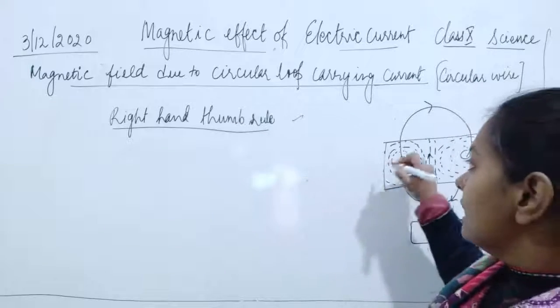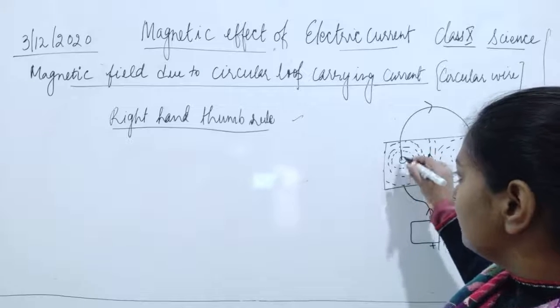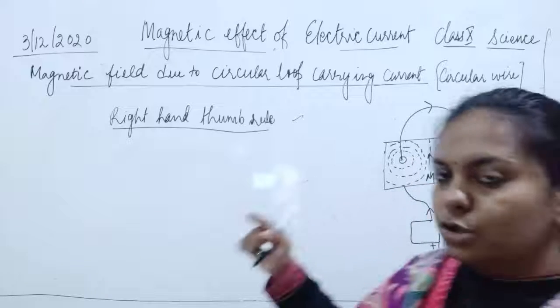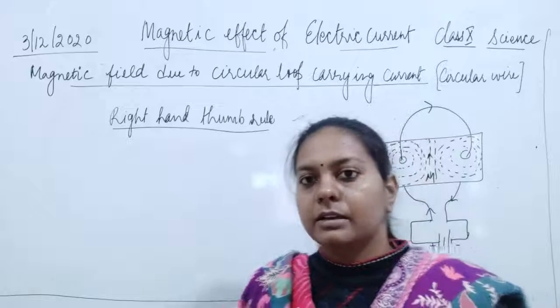Okay, इतनी दूर जो भी wire है, that is also appear to be a straight current carrying conductor.